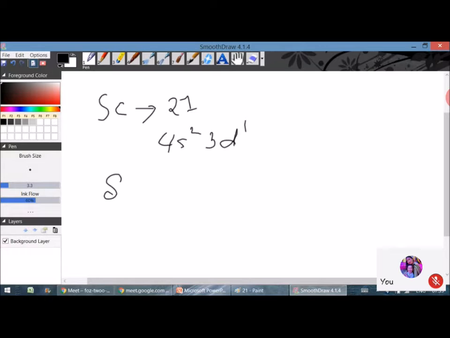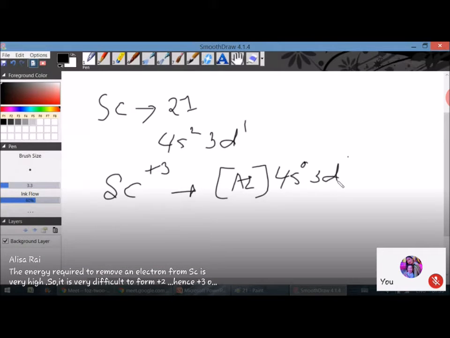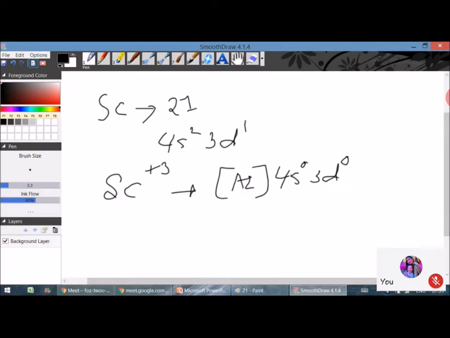So scandium shows +3; after losing 3 electrons, what does it have? Why does Sc3+ exist, and why not Sc2+? Scandium shows the +3 oxidation state because in the +3 state it acquires the noble gas configuration. Therefore scandium shows only the +3 oxidation state and not +2.